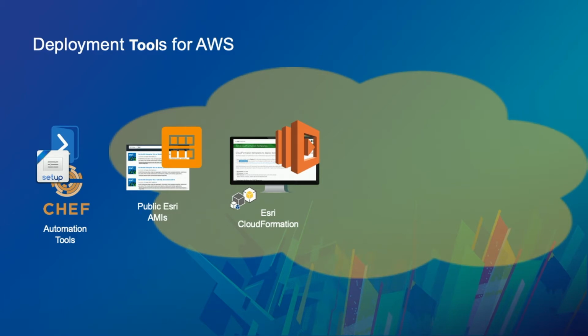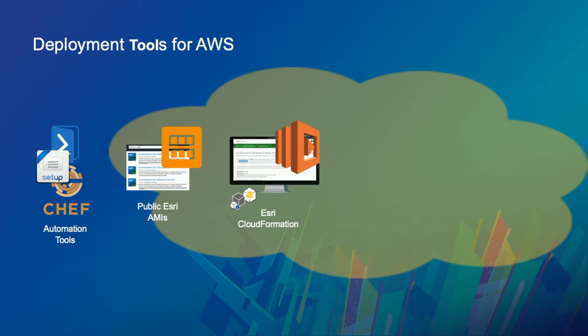Next tool is the Esri CloudFormation template. You probably already know CloudFormation is a native technology from Amazon. Amazon has a bunch of CloudFormation template samples to deploy different architectures and infrastructure. What we do is provide templates to deploy ArcGIS Enterprise, which we know best.